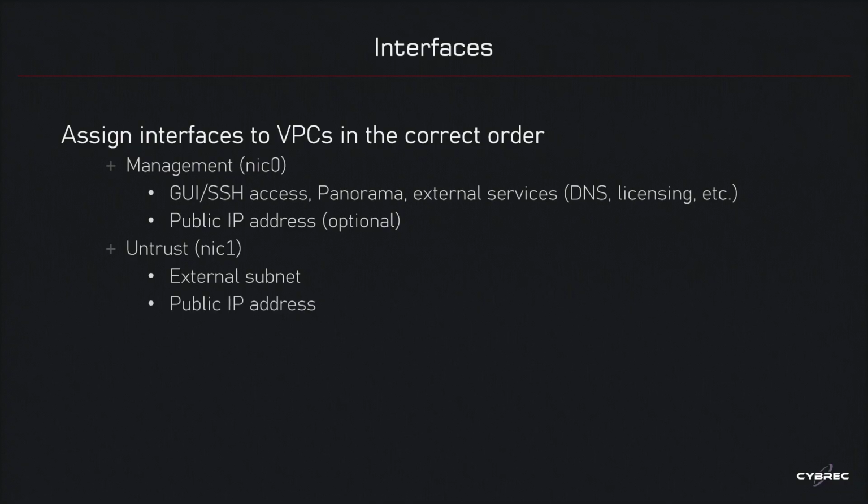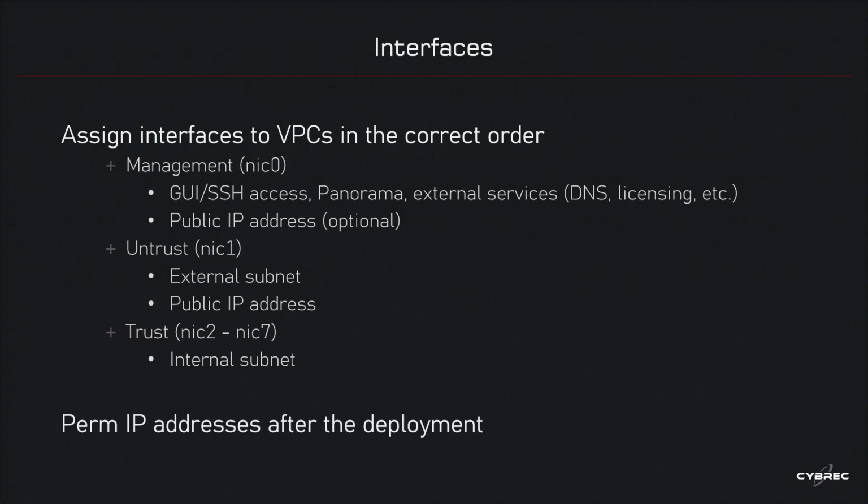And this typically needs a public address so we can reach the internet, and possibly so that the internet can reach us if we want to expose some of the internal devices to the public network. And then the last is going to be the trust VPC or VPCs. So our internal subnet or subnets, this is what goes to ETH1/2 and above.